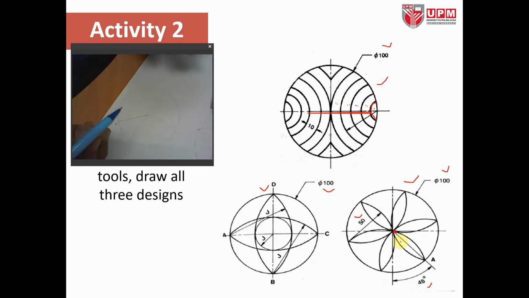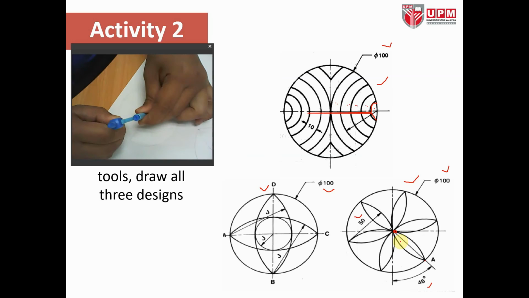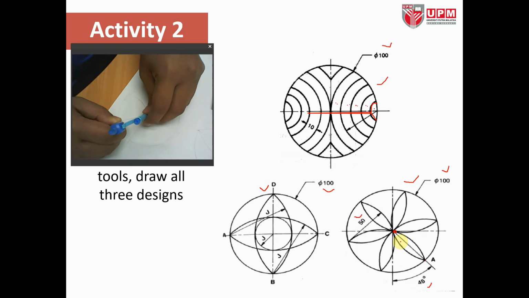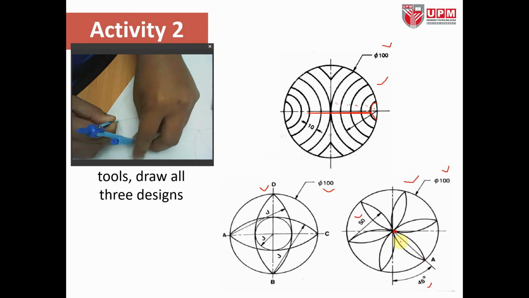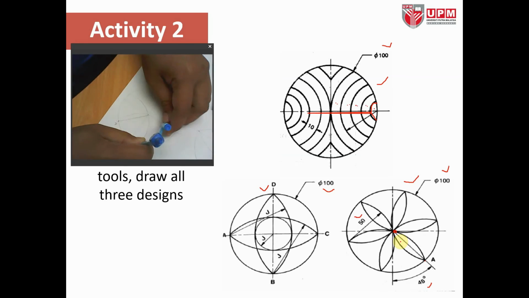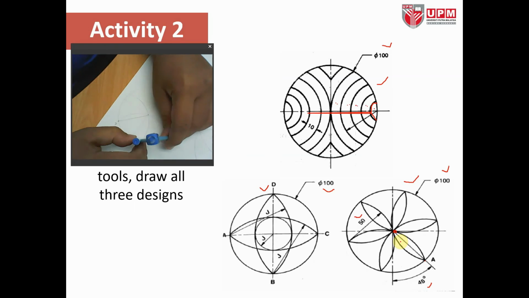So use the compasses from point A to the center point here, and then you can draw the semicircle. Then the next step is from the touching point here, you draw another half circle, and then we do the same for the rest.